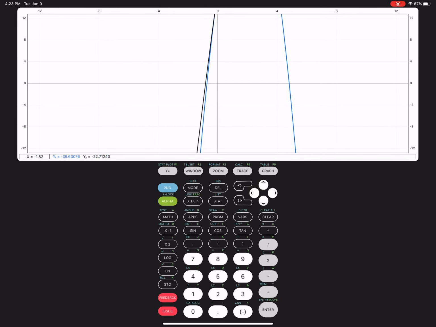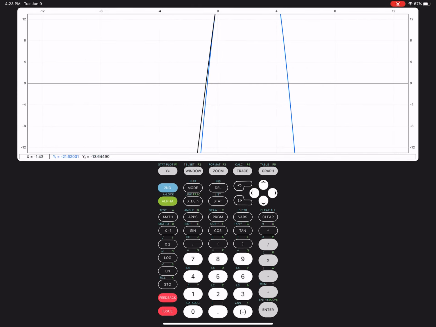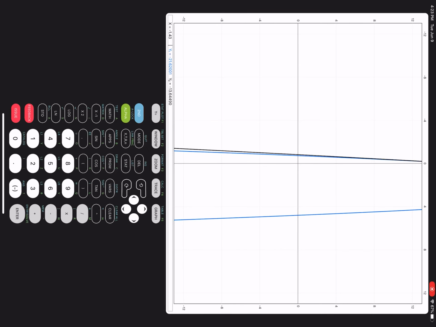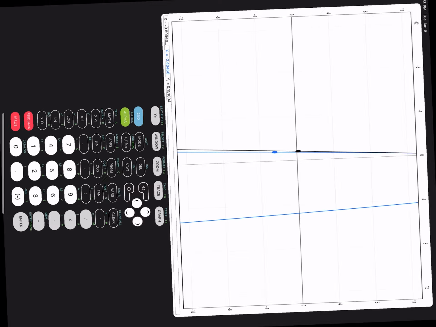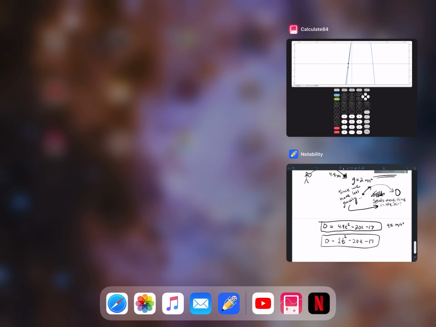It says I can pinch it and make it smaller. Well, it's not going smaller. I can zoom in, but I can't zoom out. What if I turned it like this? Does that help any? No, it does not. Why is it not? Oh well. Okay, I'm going to have to draw it.